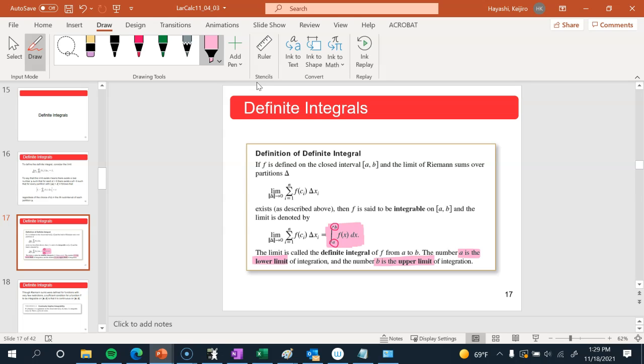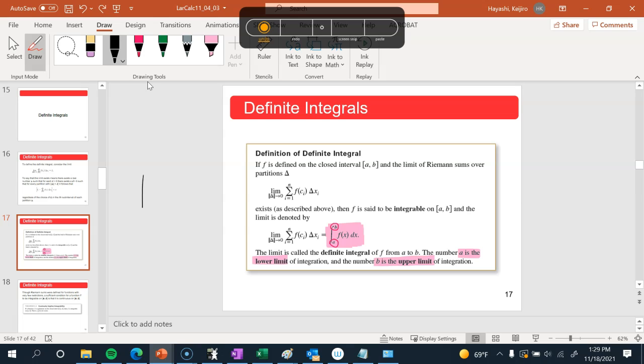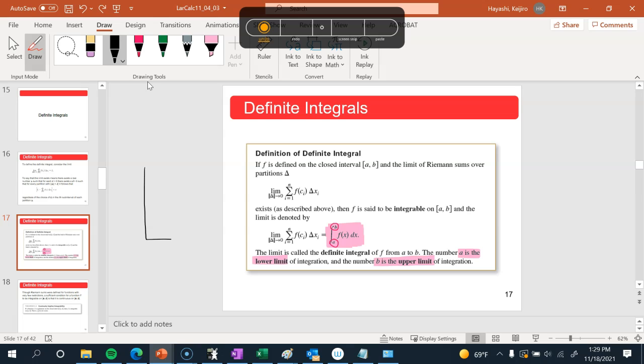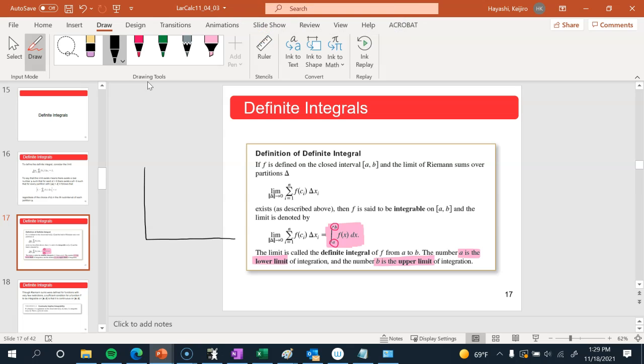What that's going to mean is A and B are x values. They are x values that you are finding the area from and to. So let's say that you had some arbitrary curve that we're going to call f of x.